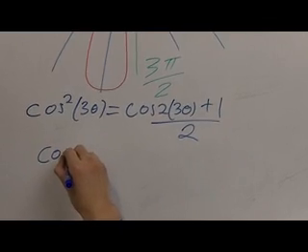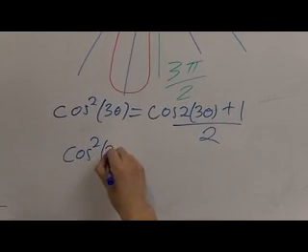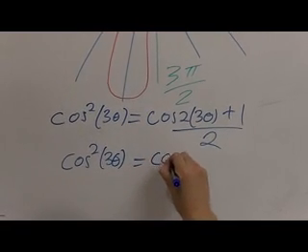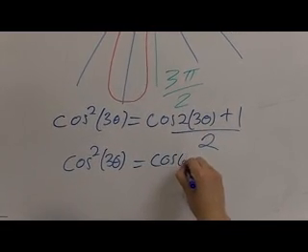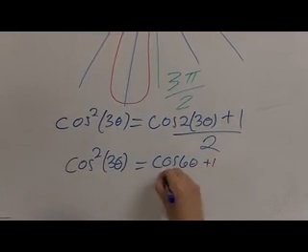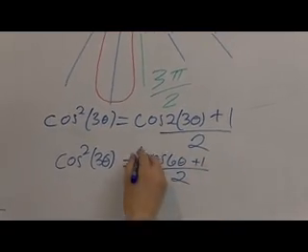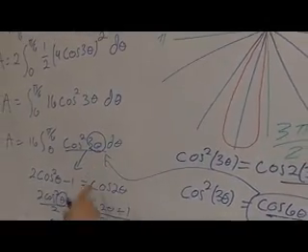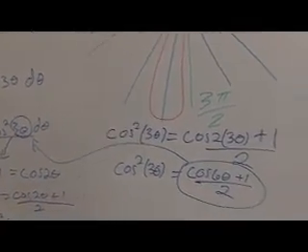So cos squared 3 theta equals cos 6 theta plus 1 all over 2. This equation we are going to plug in for cos squared 3 theta.